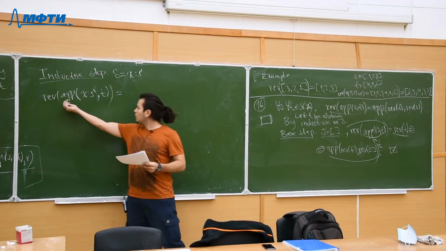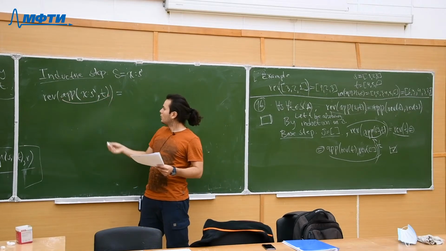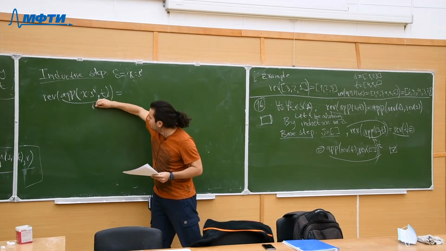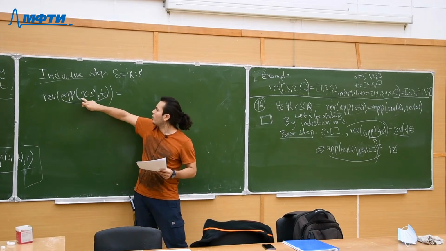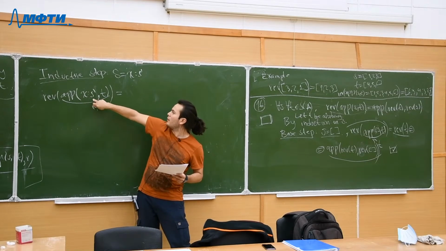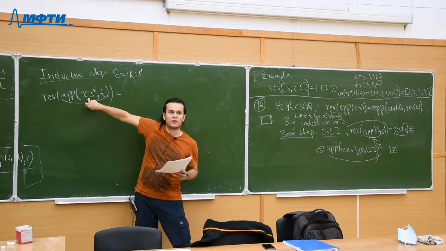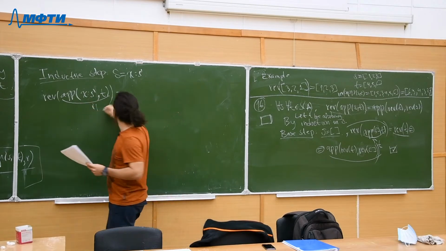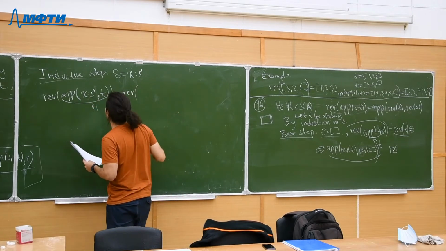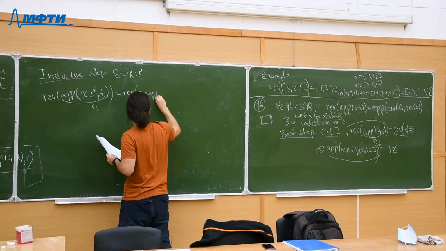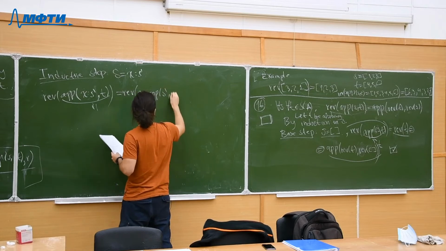What is it equal to? So we have the app of X column S prime, and T. So we can take X out, right? So this is the reverse of X column, app of X, S prime, T.